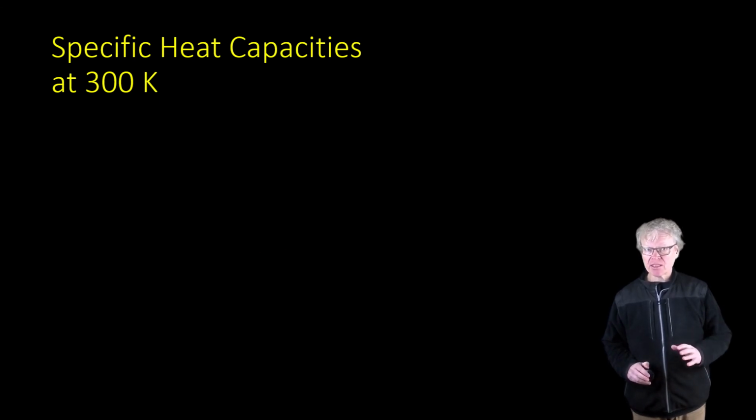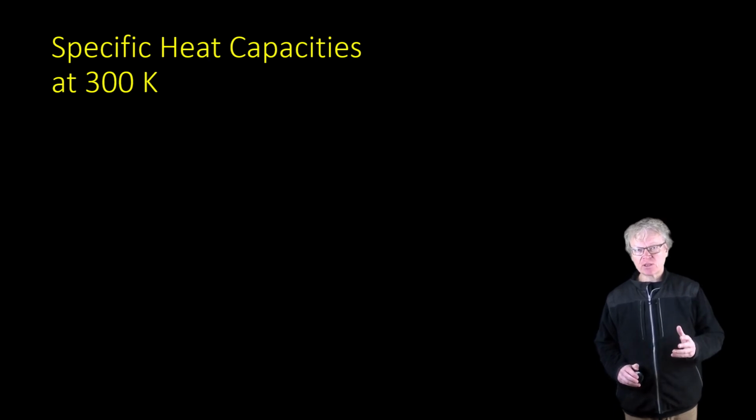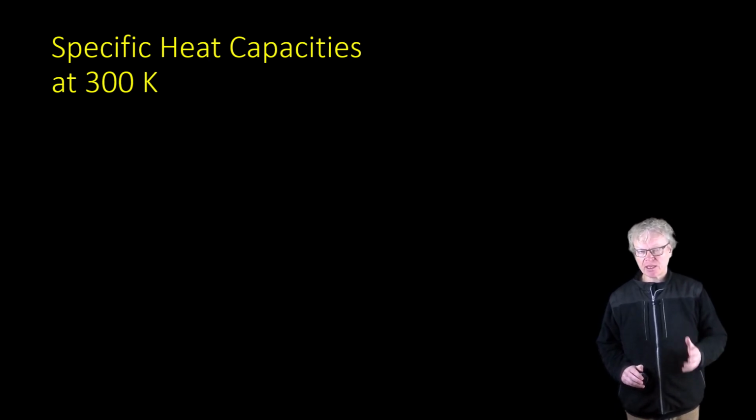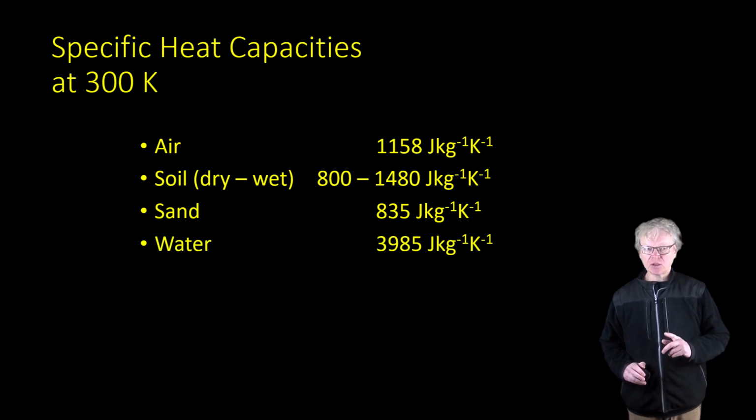So we're going to remove the mass and just look at 1 kilogram, and we're going to start at the same temperature. So specific heat capacities for different materials at 300 degrees Kelvin, which is about 27 degrees Celsius, raising 1 kilogram by 1 degree Kelvin.